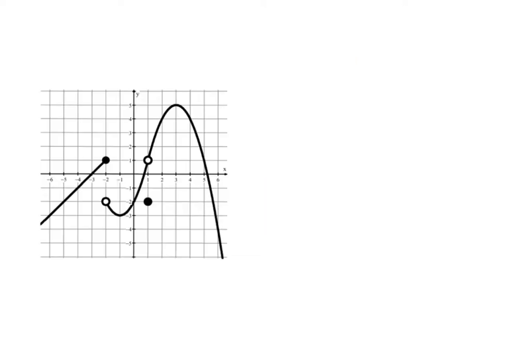Now let's look at this piecewise function graph, and we're going to look at different limits. So we'll just call this f of x. So the limit of f of x as x approaches -2 from the left. So from the left, we're approaching 1.